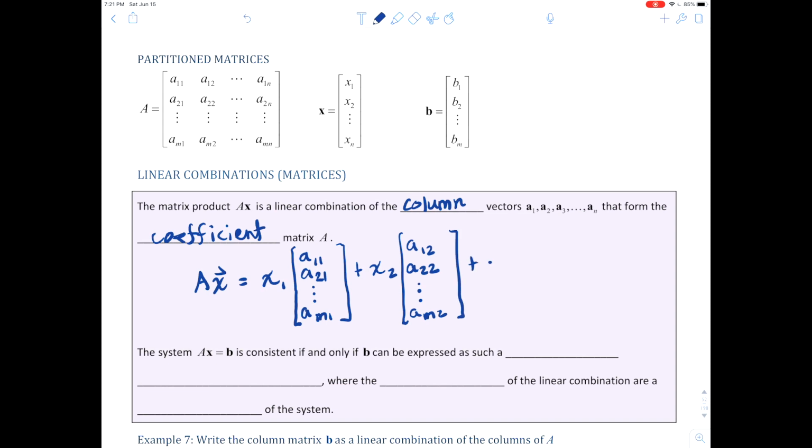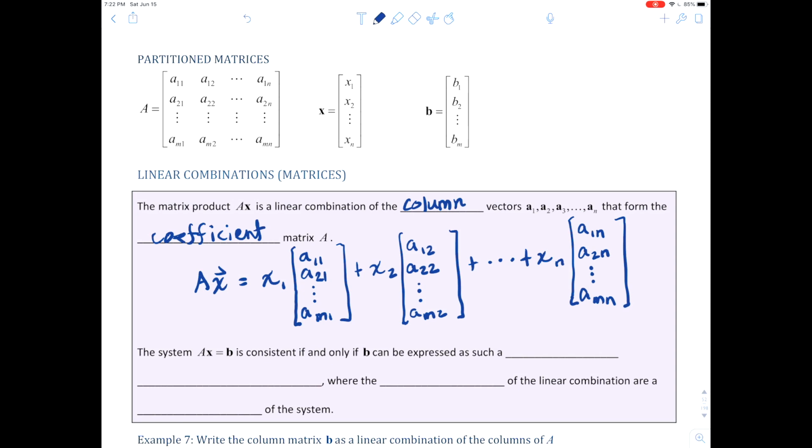And we go on in this manner until we get to Xn times A1n, A2n, all the way down to AMN.